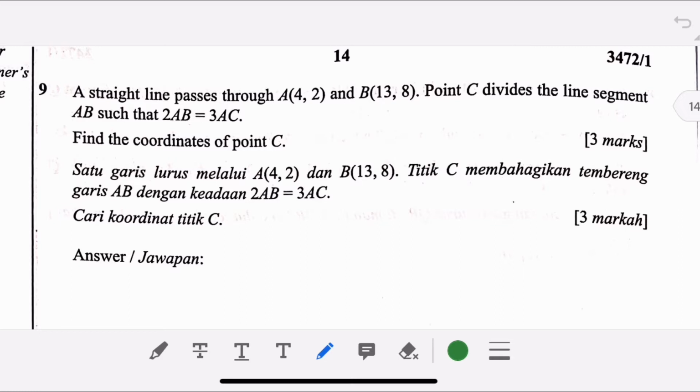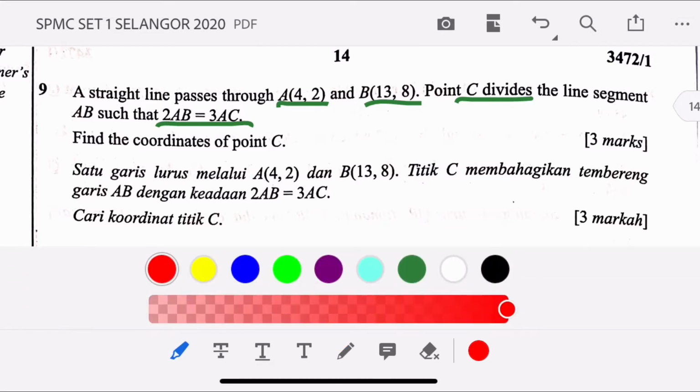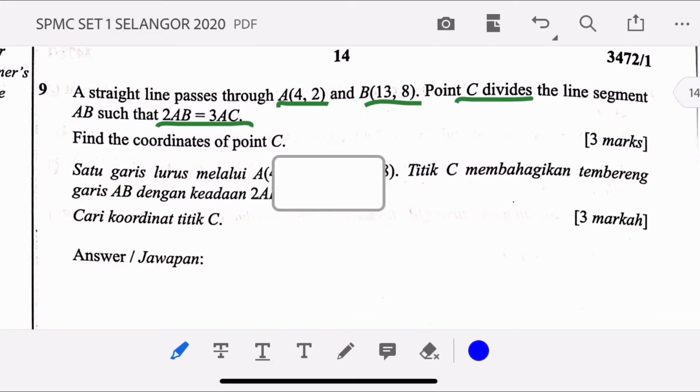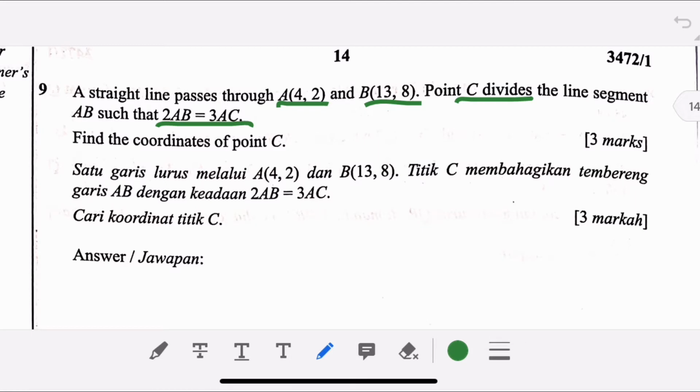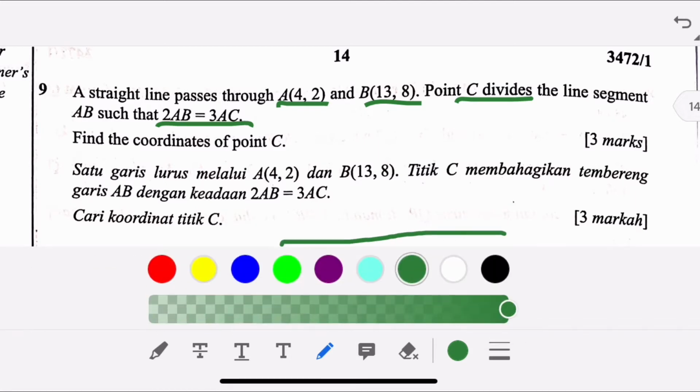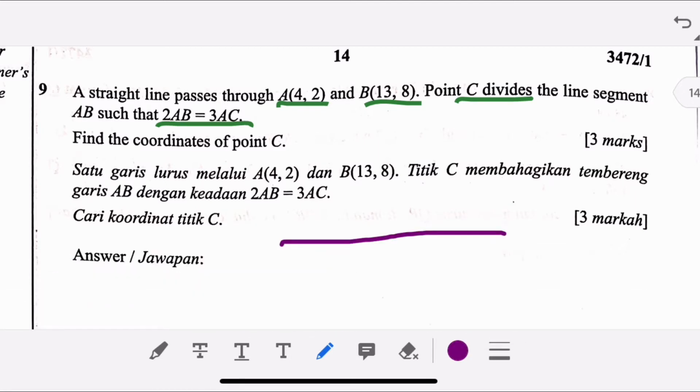A straight line passes through point A and point B, and point C divides the line segment AB in a ratio form. Okay, let's sketch out the line. It seems like point C is dividing the line segment AB.